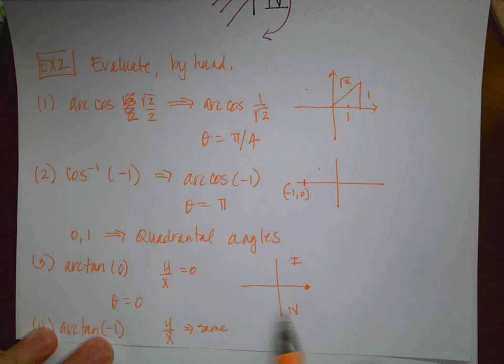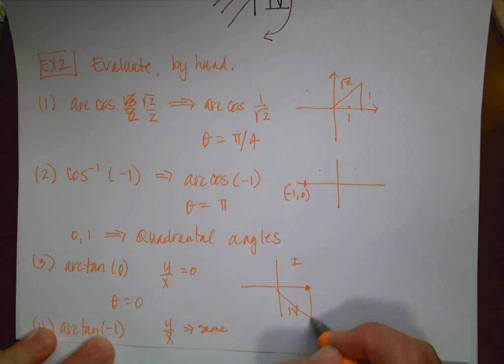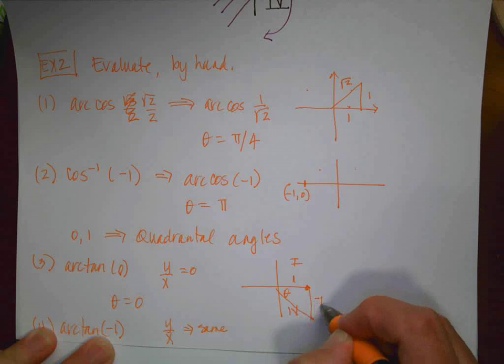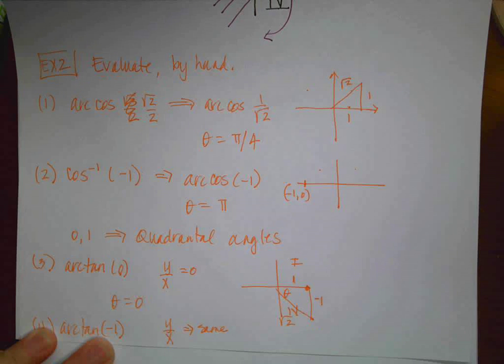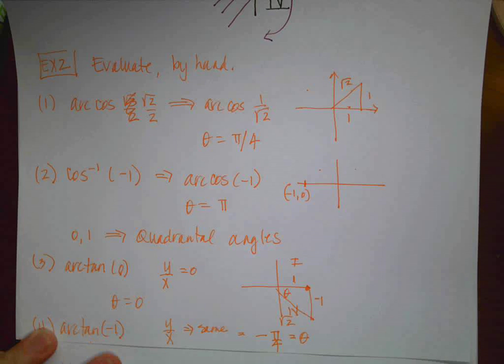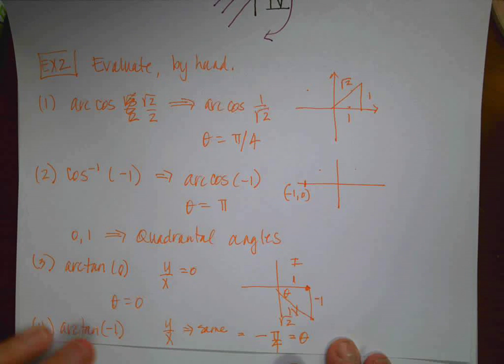So using the same diagram, if arc tangent is limited to 1 and 4 and it's a -1, that means it's in the fourth quadrant, so it would be this angle theta, and this is 1 and this is a -1, radical 2, sine divided by cosine, and this is going to be a -pi over 4, and that would be our theta.